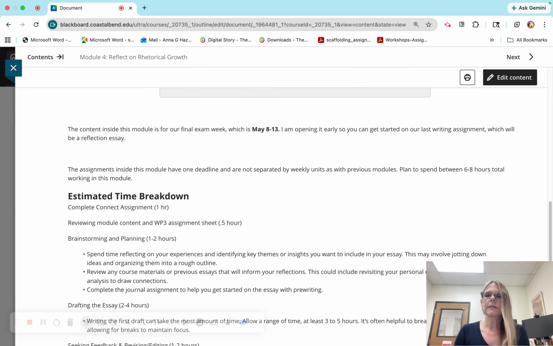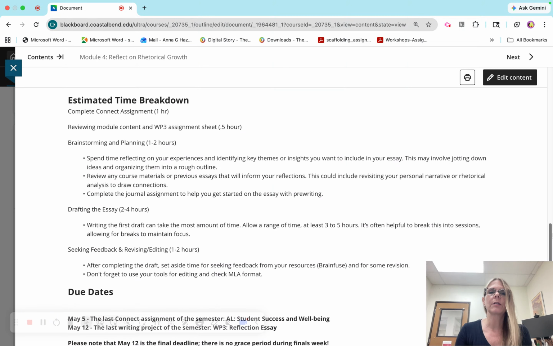This is what I wanted to show y'all, that our final exam week is the 8th through the 13th. Like I said, I'm giving it to you a little early so you can get a jump on it. I did a more detailed estimated time breakdown for you, because I know you have limited time and so much going on with other classes, assignments, and finals.